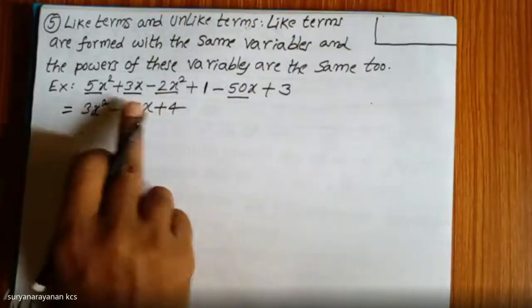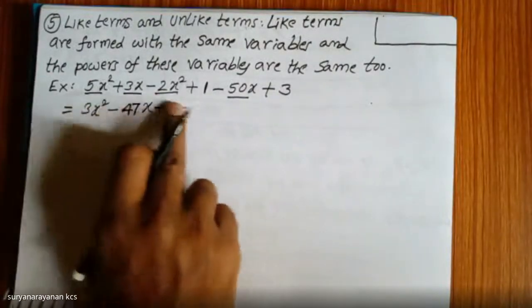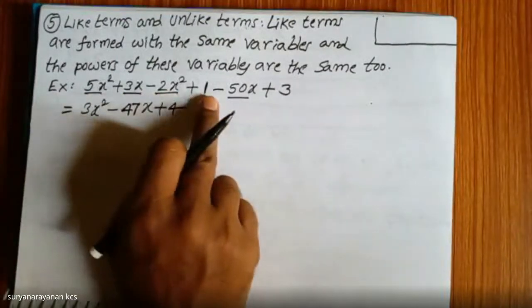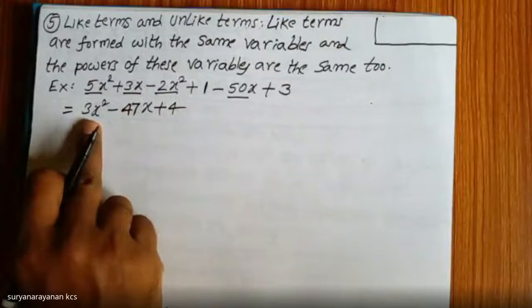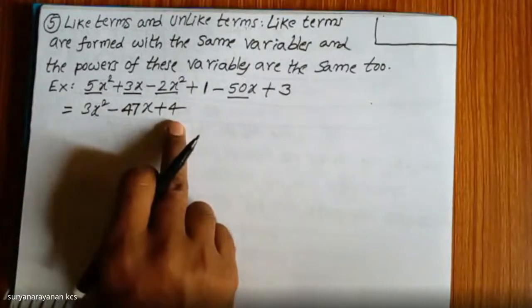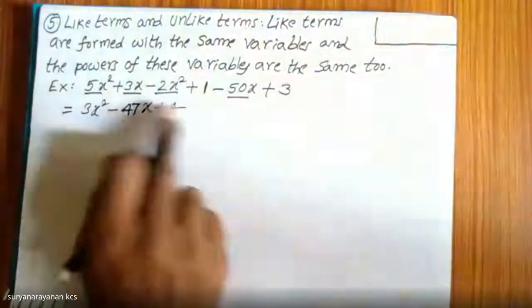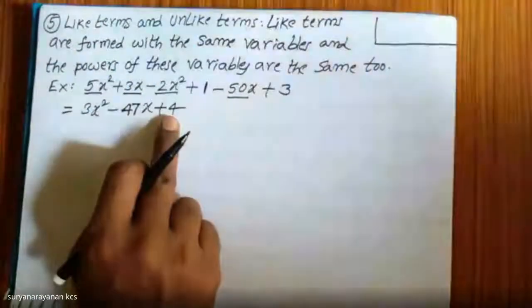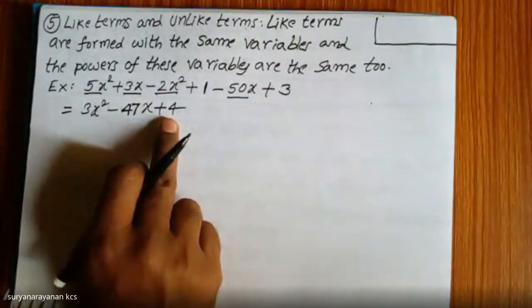This is a procedure to write the given algebraic expression in a simplified form. By adding or subtracting the like terms, we have written the given algebraic expression in short form.